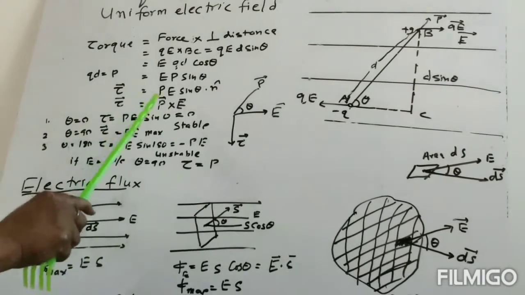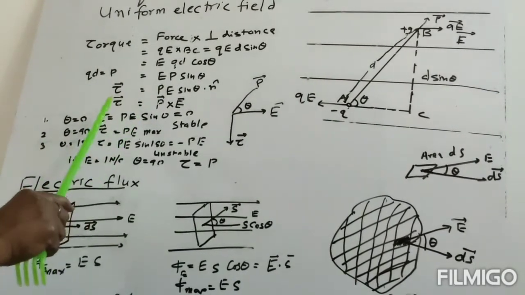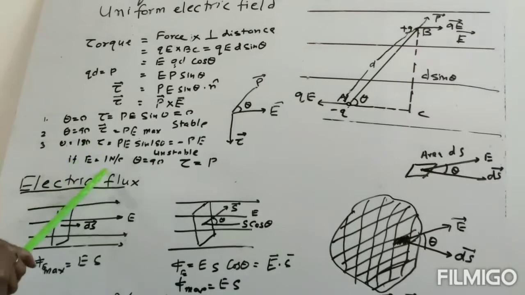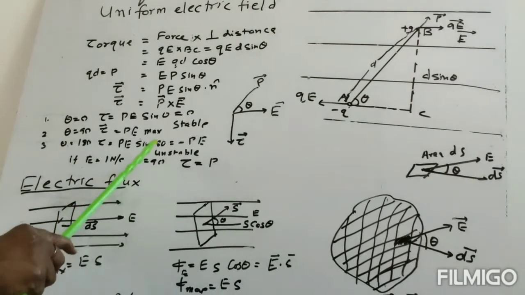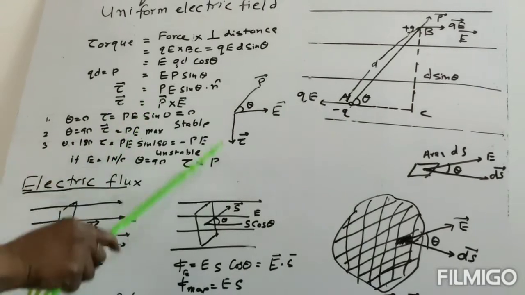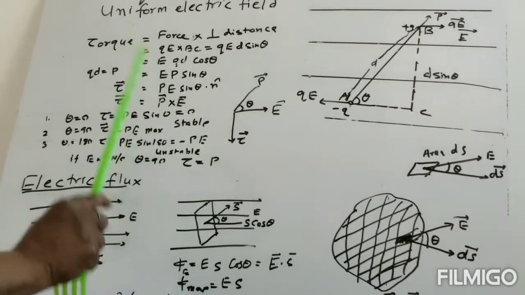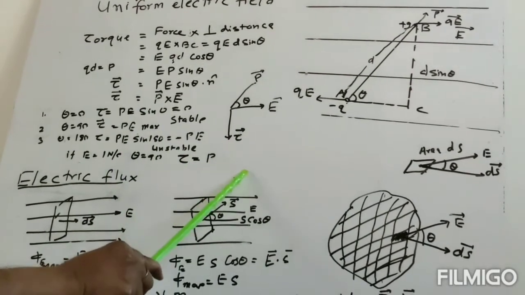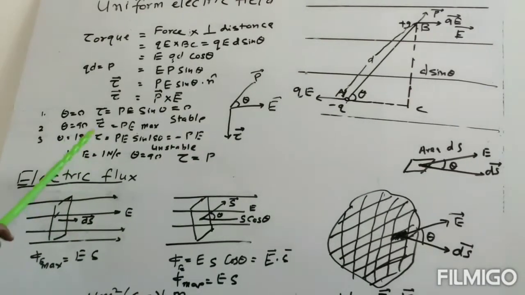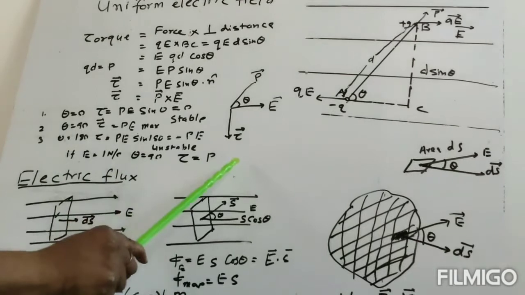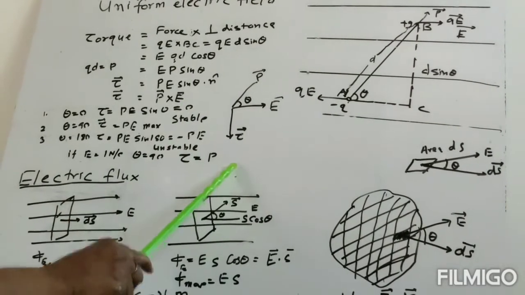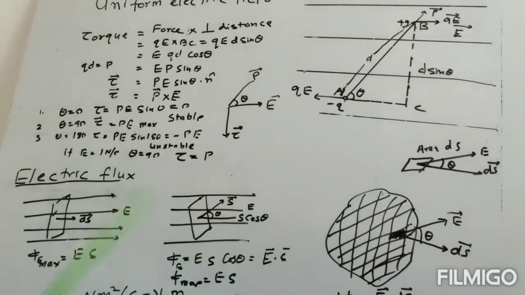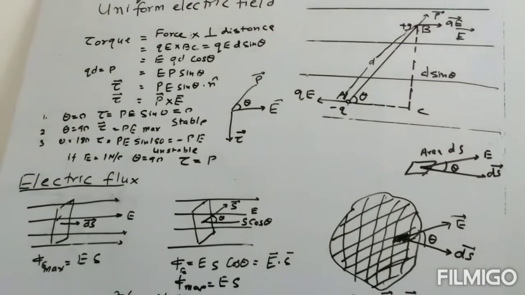Now if we consider that electrical field is 1 Newton per coulomb and theta is equal to 90, then torque will be equal to P. So we can say that torque of the dipole will be equal to dipole moment if it is placed in a unit electrical field and the angle subtended by the dipole is 90 with the electrical field. So this will be the end of the chapter 1.